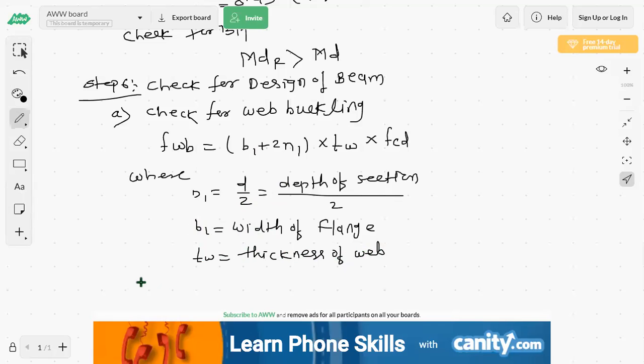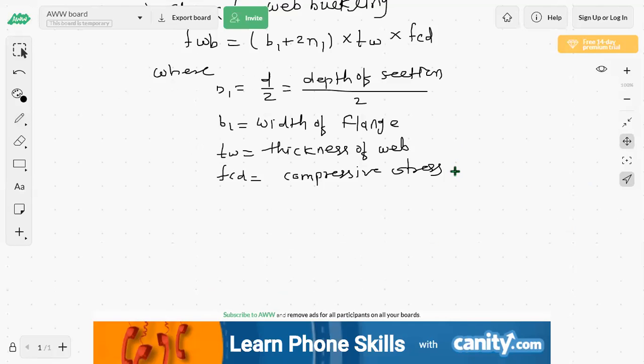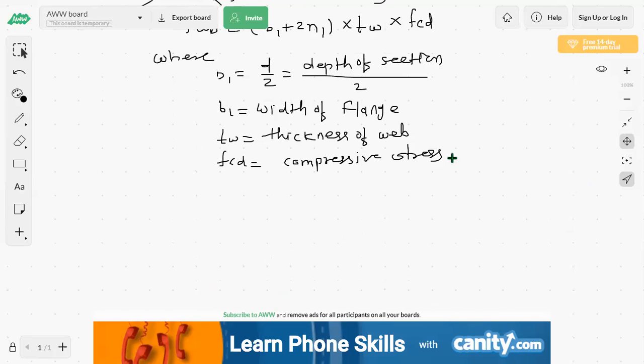And then FCD is equal to compressive stress. How to calculate FCD, everyone knows. The FCD value we have to calculate depends upon the buckling class.